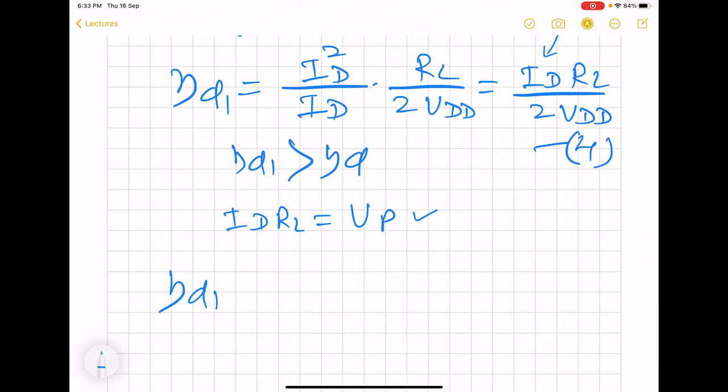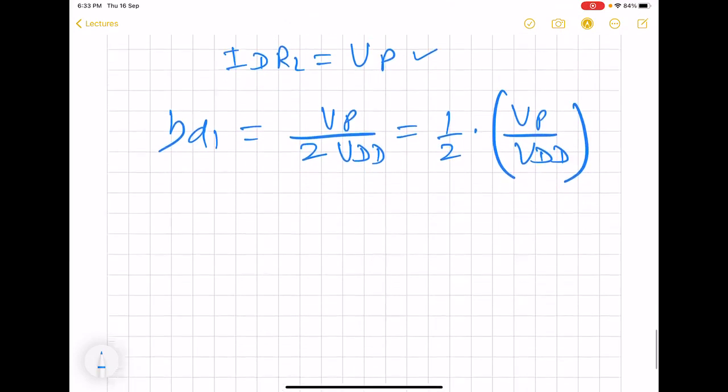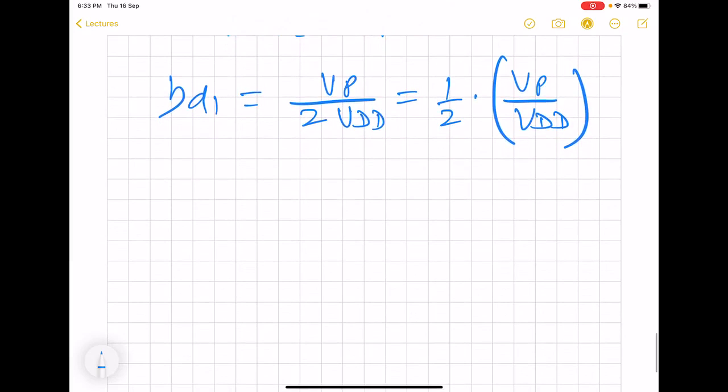So we get eta D1 equal to VP divided by 2 VDD, RL. Sorry, no, RL will no longer be there. So here what we have is 1 by 2 into VP by VDD. So we still see that there is room for changing eta D1, because now there are 3 possibilities for VP.